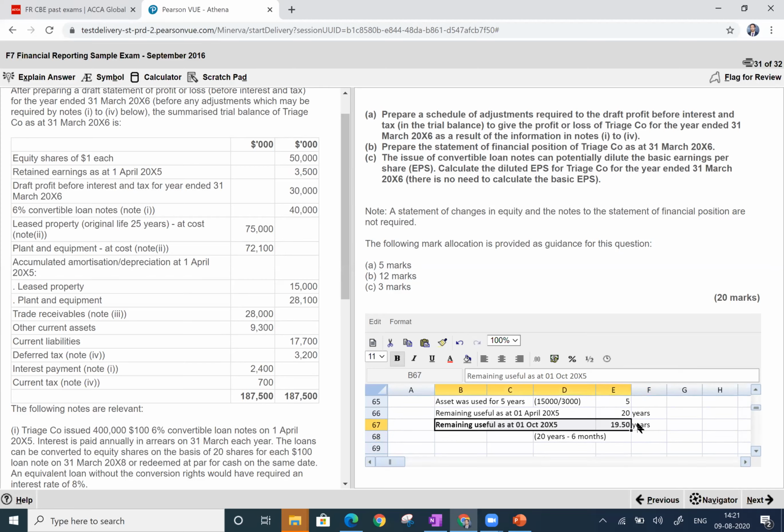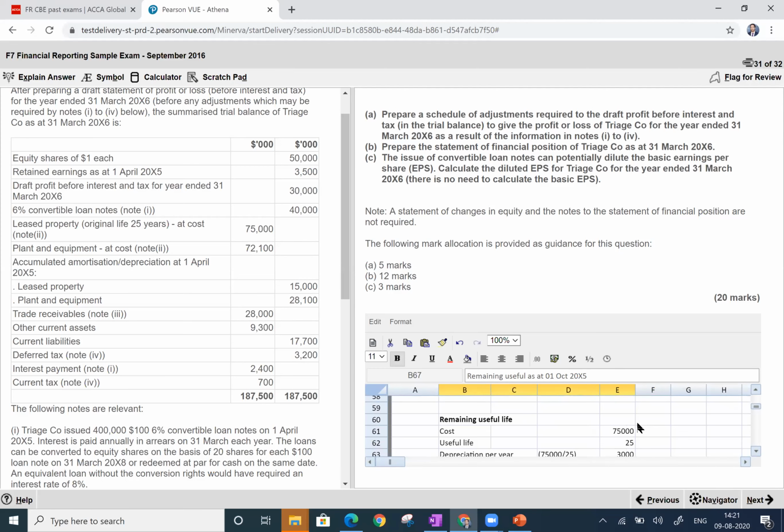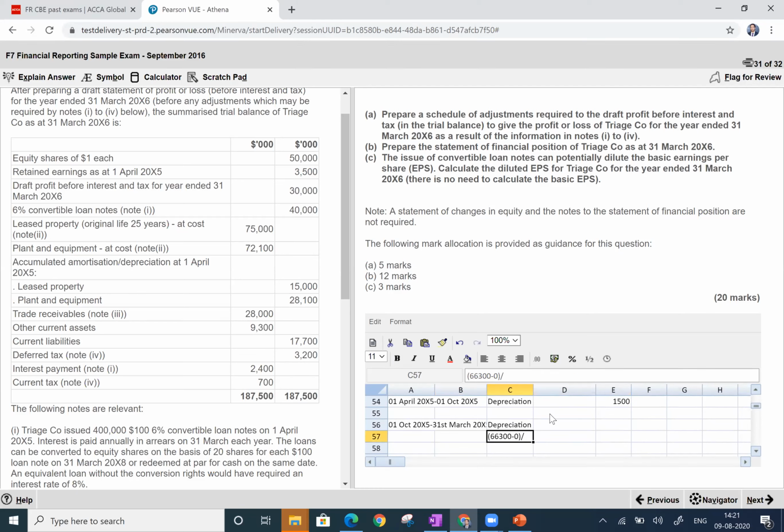I hope no doubts. So now what we have to do? This is 66,300 divided by 19.5. It's for a full year, but you need only the period from 1st October to March, 6 by 12. So this is the fair value, the revalued amount 66,300, divided by 19.5 years.